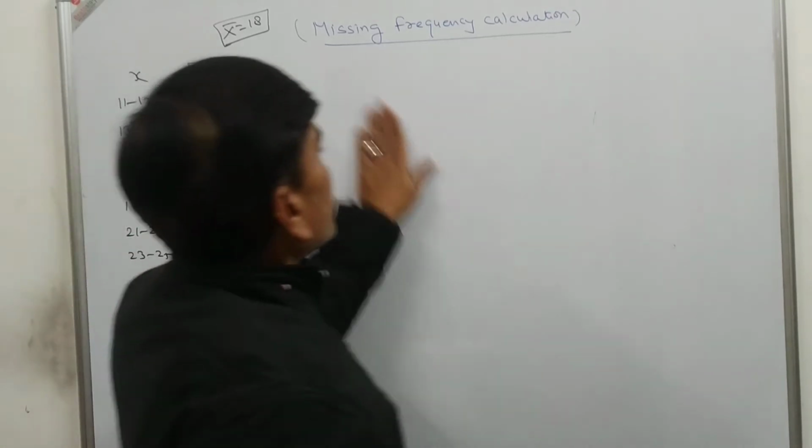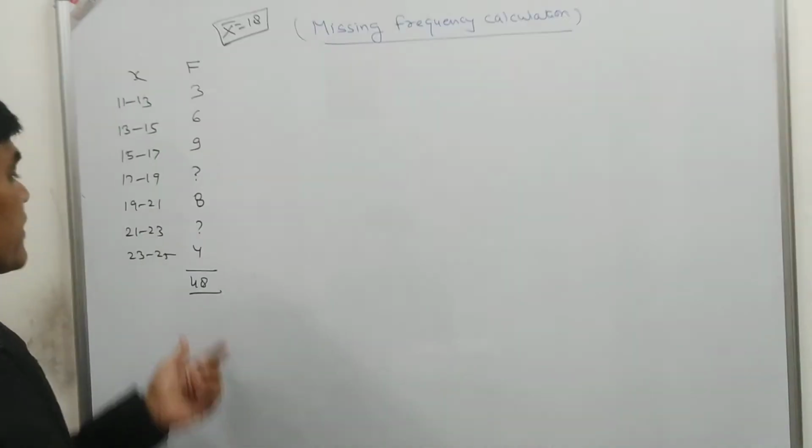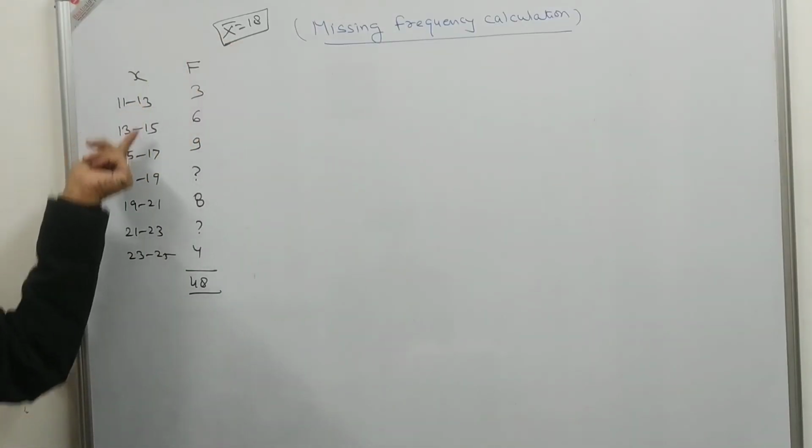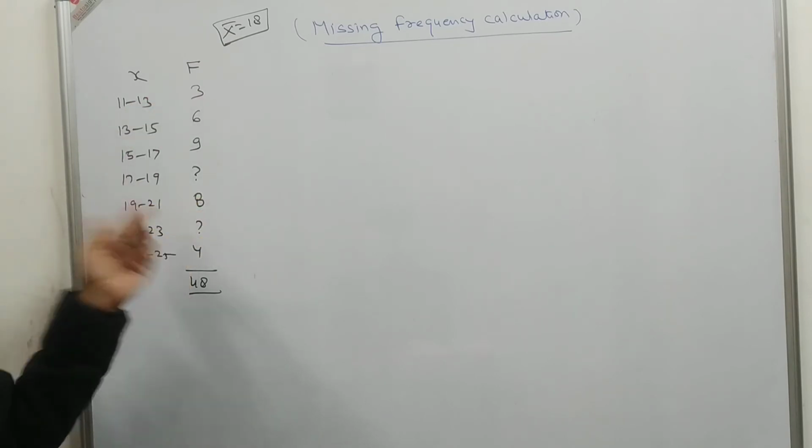If in such a condition we have to calculate the two missing frequencies, x bar is given, the class intervals are given, and the missing frequencies are two.